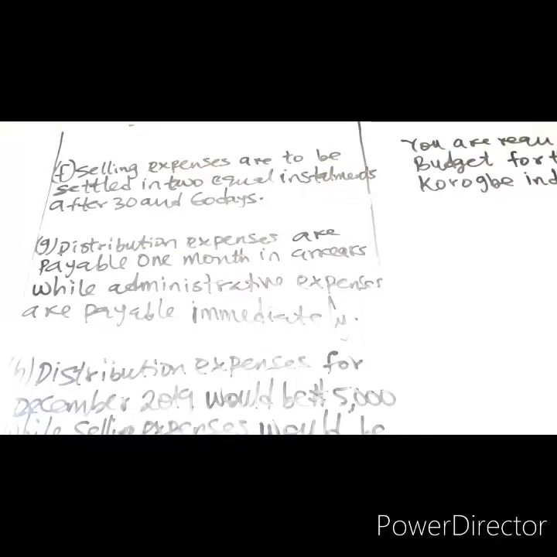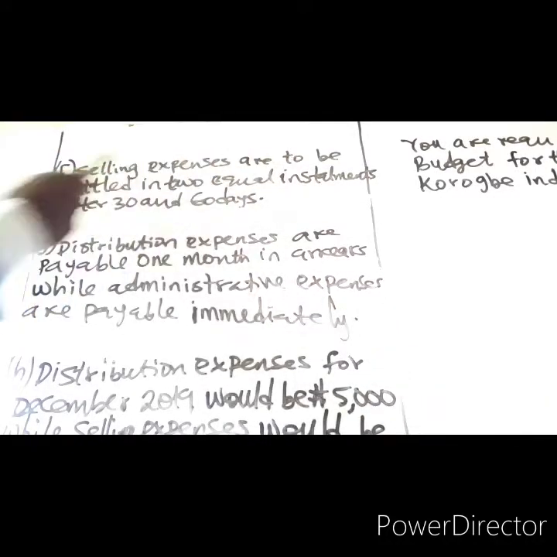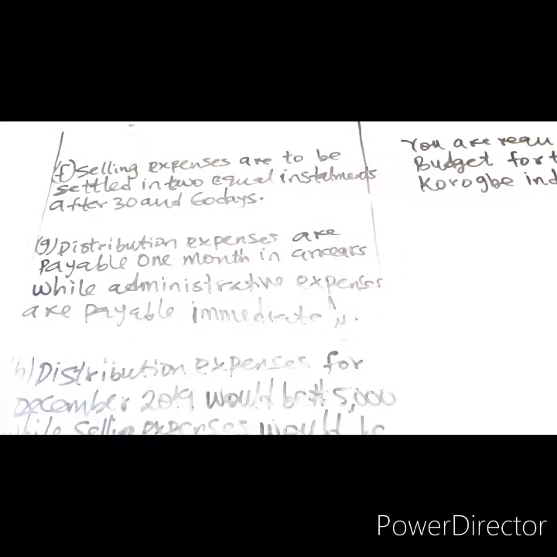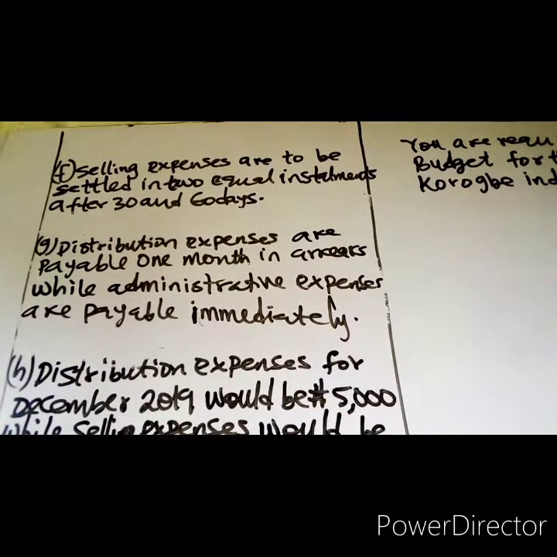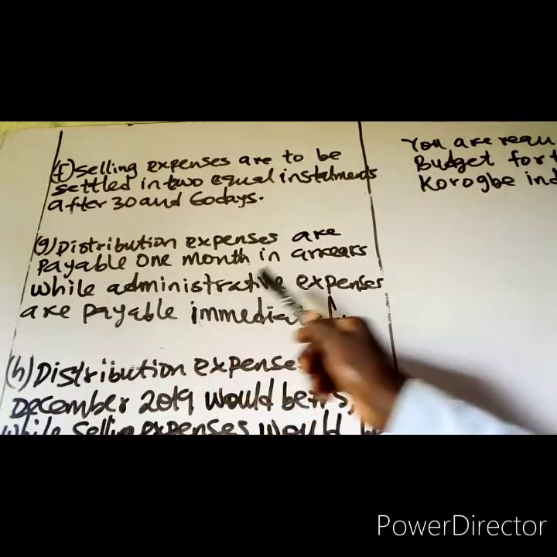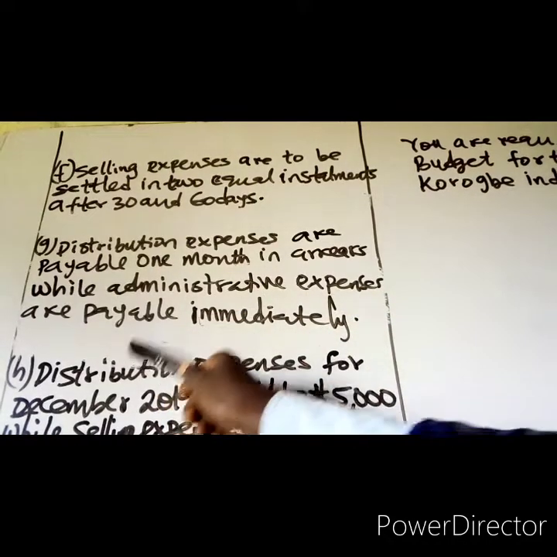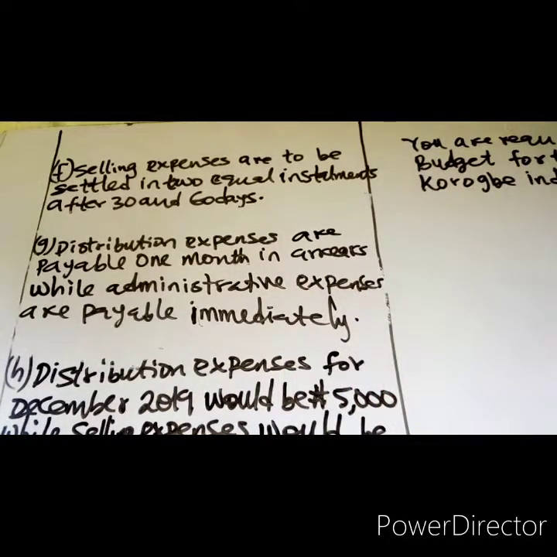F. Selling expenses are to be settled in 2 equal installments after 30 and 60 days. G. Distribution expenses are payable 1 month in arrears, while administrative expenses are payable immediately.